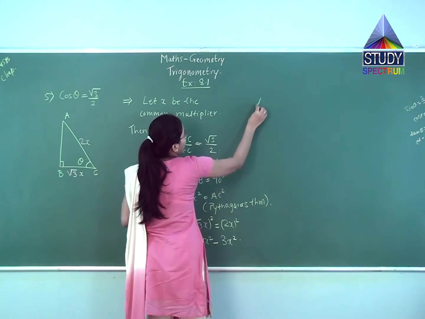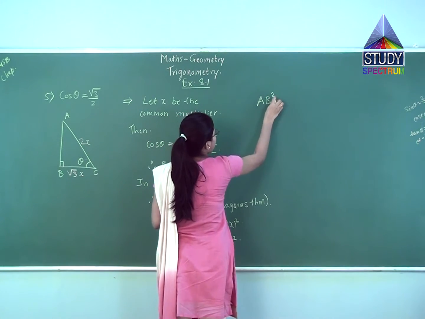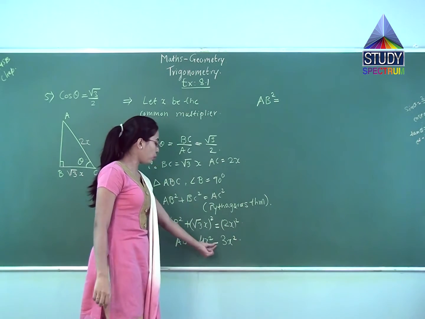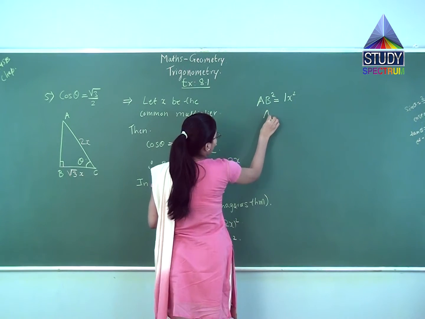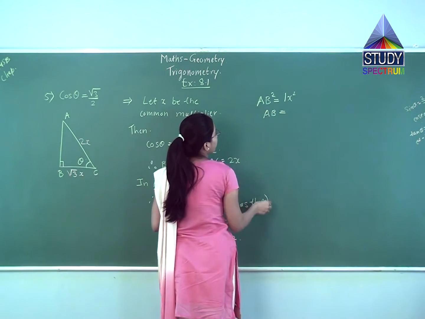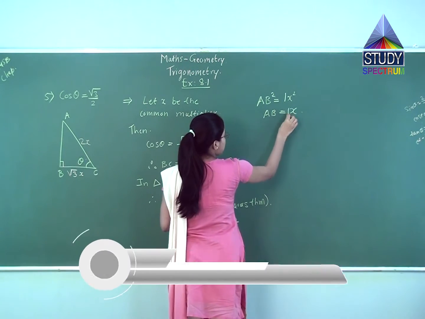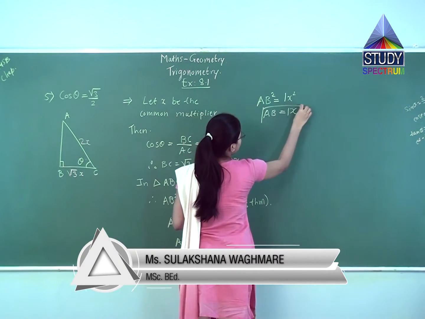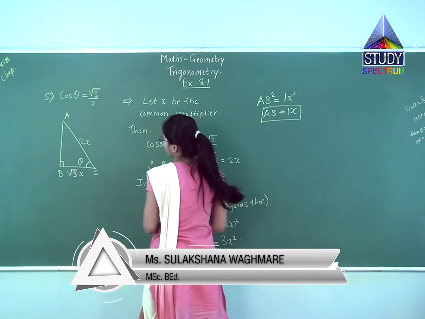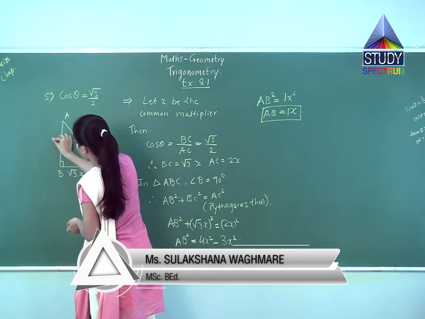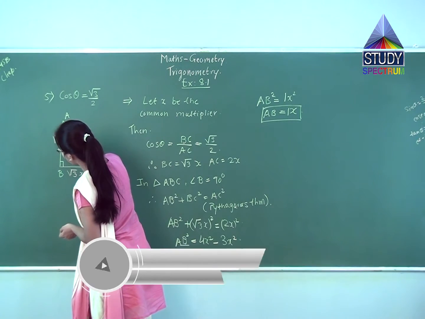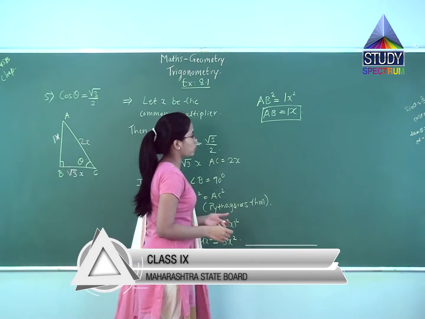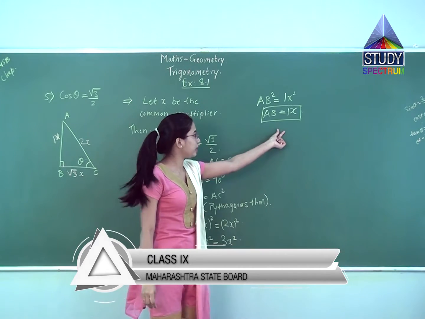So AB square, we will get as 4 minus 3, so 1x square. After taking square root, we will get AB as 1x. So we got our third side. Actually no need to write 1, we can just write x also, but for your reference I am writing here.